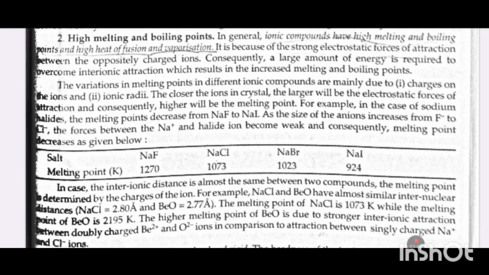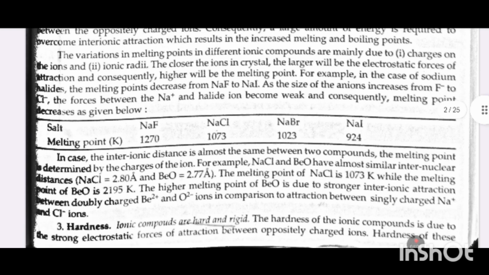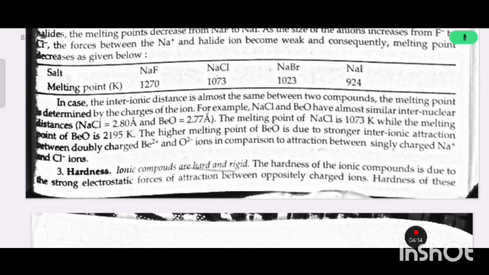For example, in case of sodium halides, the melting point decreases from NaF to NaI. As the size of the anions increases from fluorine to iodine, the forces between the sodium and halide ions become weak and consequently the melting point decreases.